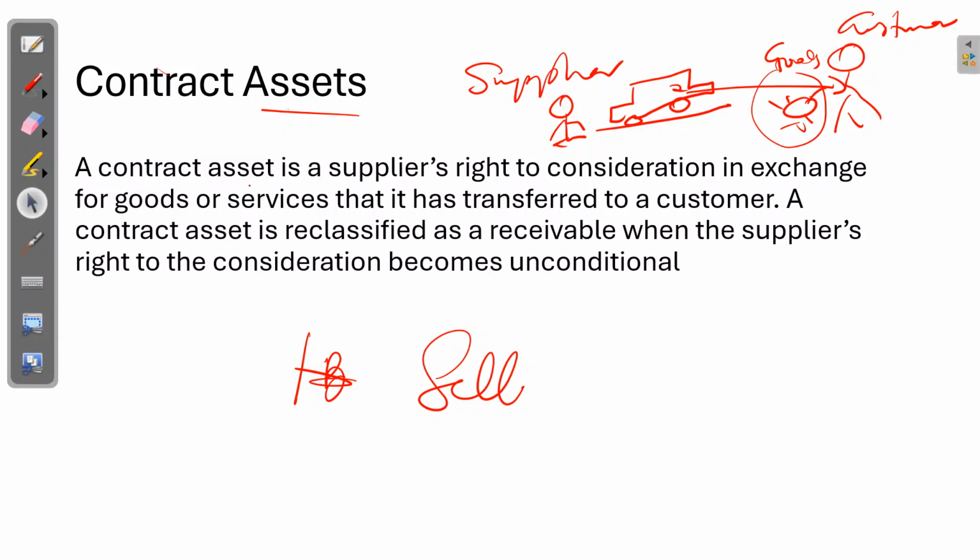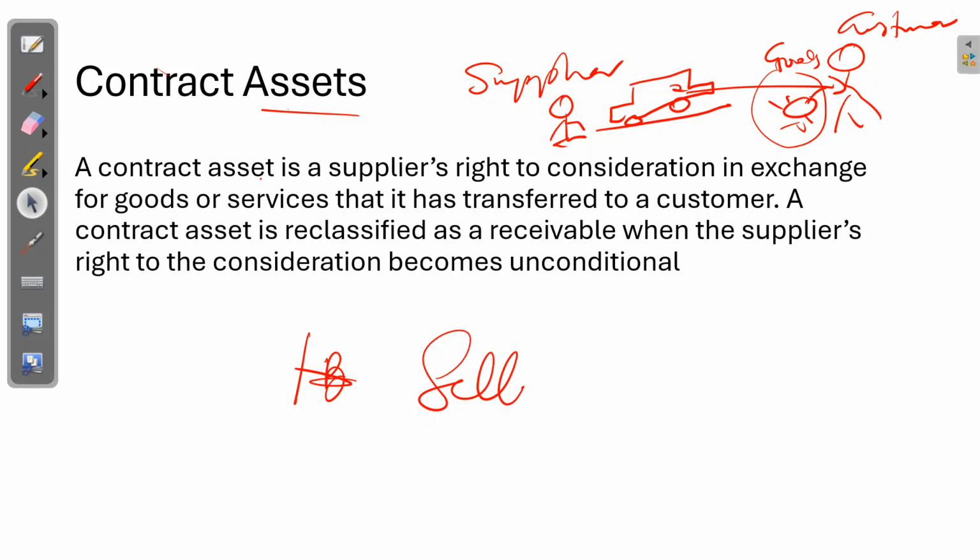So a contract asset is like a temporary account for goods delivered to a customer where the customer has not paid and we have not concluded on the agreement. It means the customer can probably return the goods, or maybe the quantity we supplied is not up to the specifications. So those goods are called contract assets.